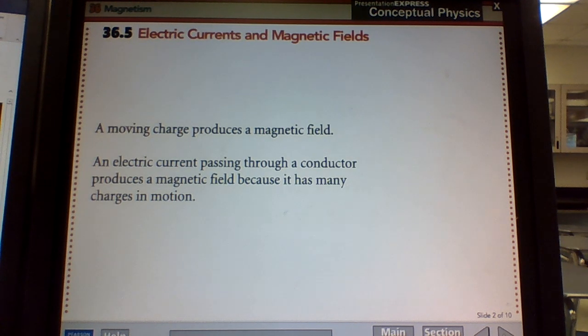And so a moving charge will produce a magnetic field. An electric current that passes through a conductor, a wire, something like that, produces a magnetic field because, again, we have those mini charges, those electrons flowing through the wire. And as we have that motion of the electrons, we generate a magnetic field.